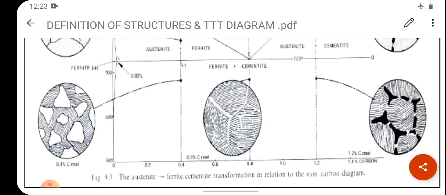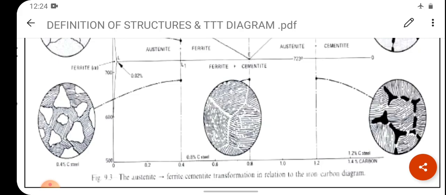So this is another diagram at 0.4% carbon steel. And see the last one, cementite, with its dark color. So at 1.2% carbon, the microstructure will be like this. So you can analyze with the help of these diagrams that there will be a change: austenite to ferrite, austenite to perlite, austenite to cementite.